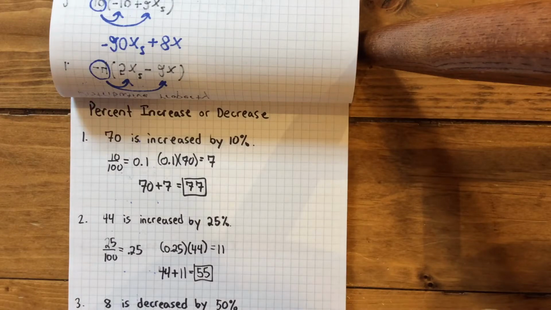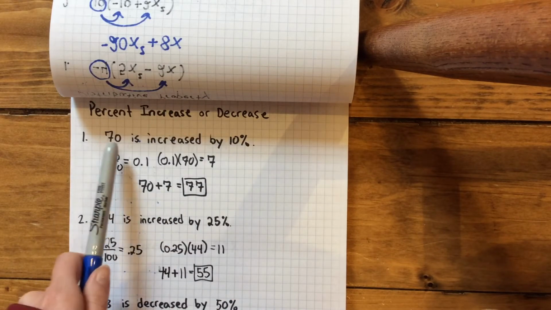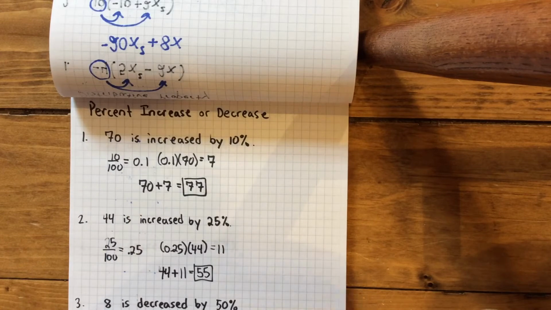I'm going to show a second way to do percent of increase or decrease. If 70 is increased by 10%, that means 70 represents the whole amount.